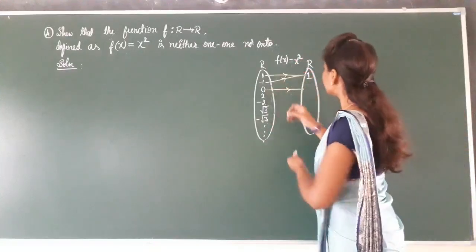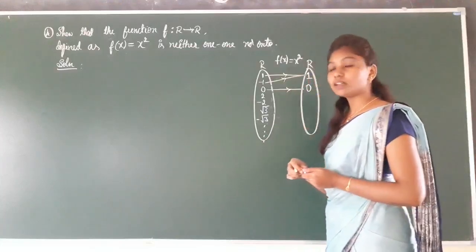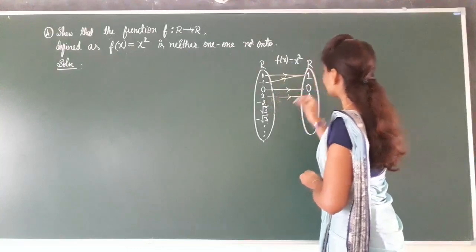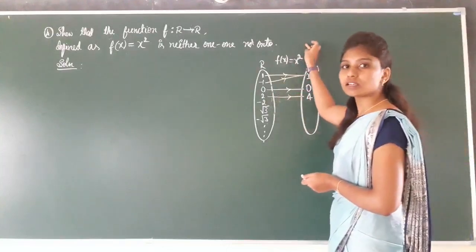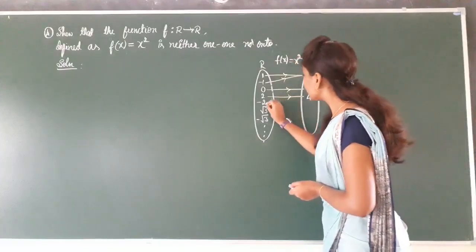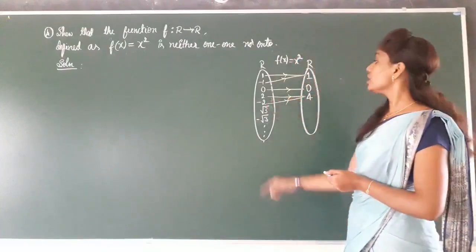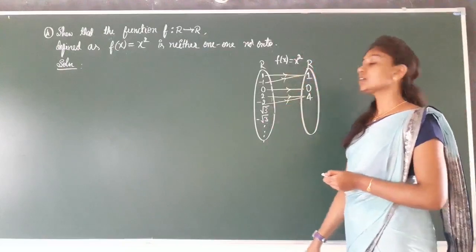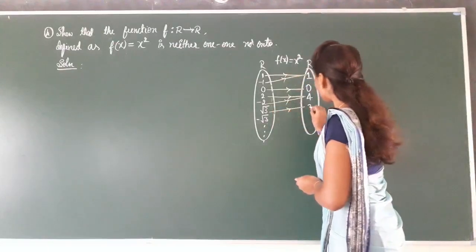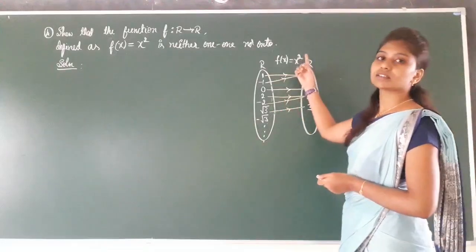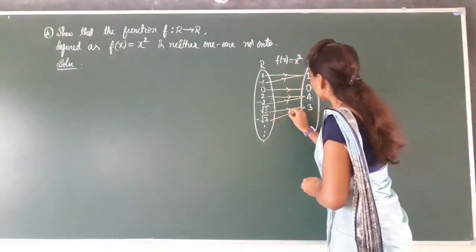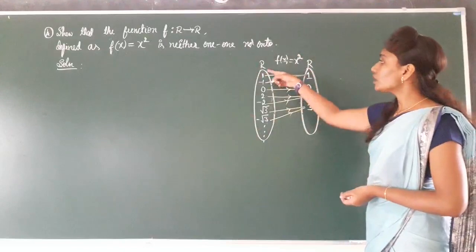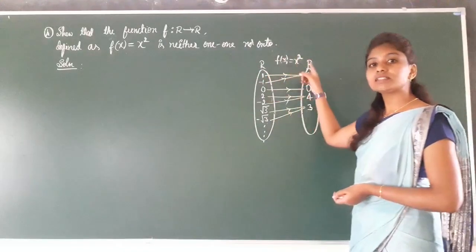Minus root 3 is also mapped to plus 3. From the arrow diagram, observe here, 1 and minus 1 are distinct elements but having the same image.